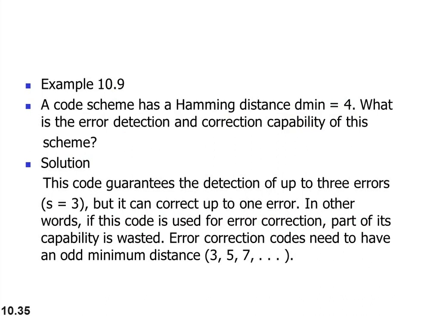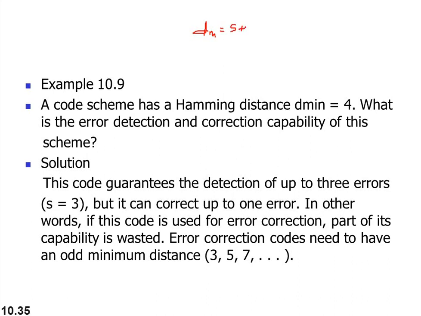This is the example we have already considered. If d min is equal to 4, how many errors can you detect? I'll write d min equal to S plus 1.